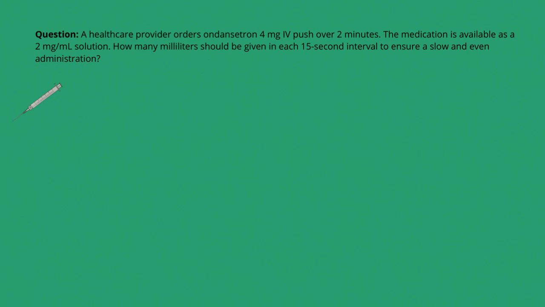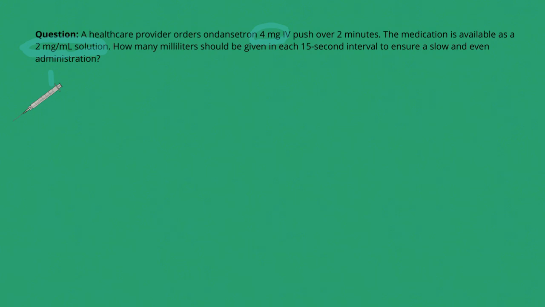When we figure out step 1, we are looking at first our order, and then we're going to look at our available solution. This available solution is usually a vial, some other way that the liquid and drug is contained. In this case, we have 4 milligrams that's ordered, and we have 2 milligrams in 2 milliliters available.